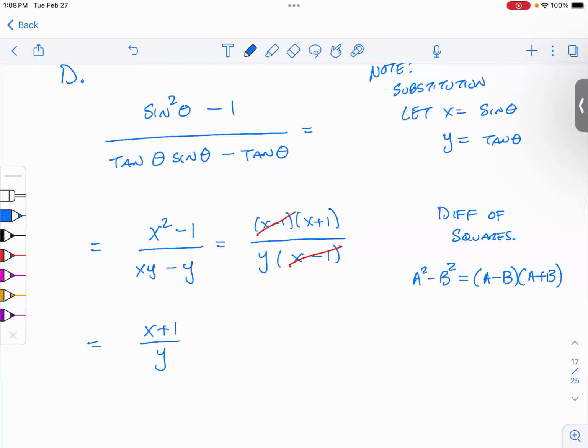But this is a pretty common technique. Substitute it in temporarily, get it down to what we're really familiar with, our algebra. Pull stuff out, and then once you're like, okay, I don't see anything that helps me, turn it back to our trigonometric functions.